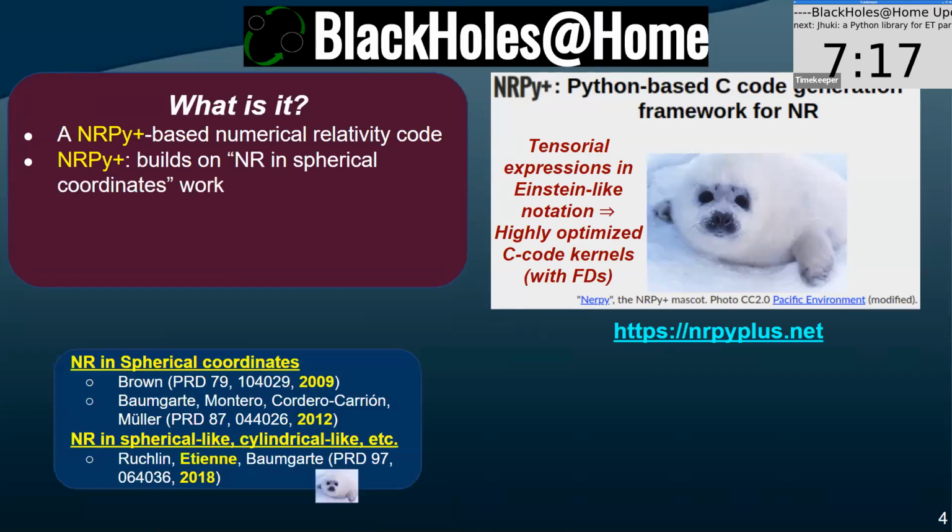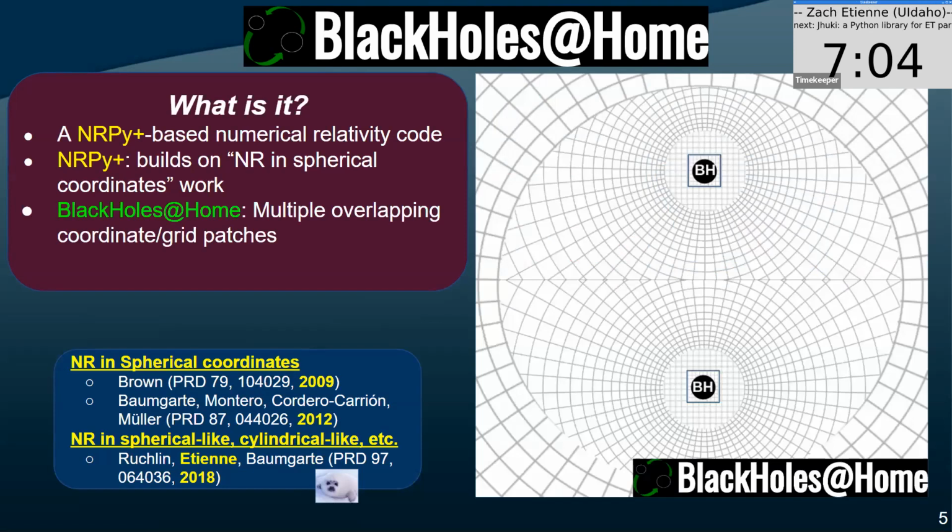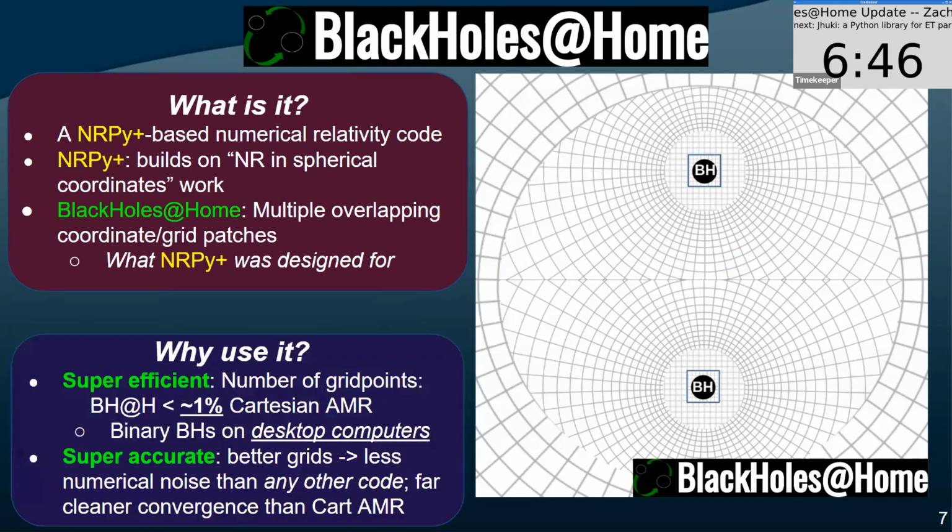And NRPy+ itself builds on the numerical relativity in spherical coordinates work pioneered about a decade ago, but extends it to a much broader class of spherical-like, cylindrical-like, Cartesian-like coordinate systems to create, with the help of BlackHoles at Home and the infrastructure therein, the ability to solve Einstein's equations on grids that look like this. Really, I would argue BlackHoles at Home is why I originally decided to start writing NRPy+.